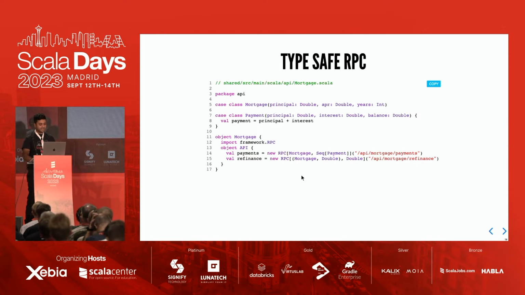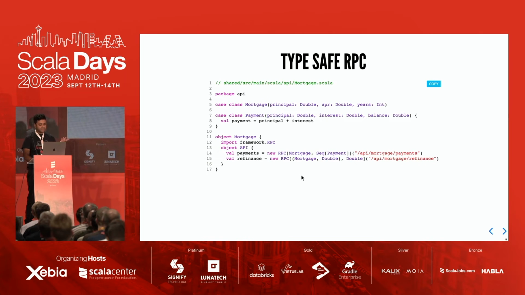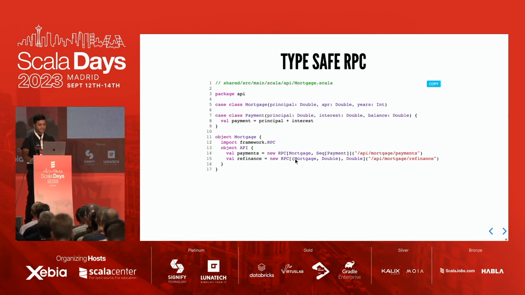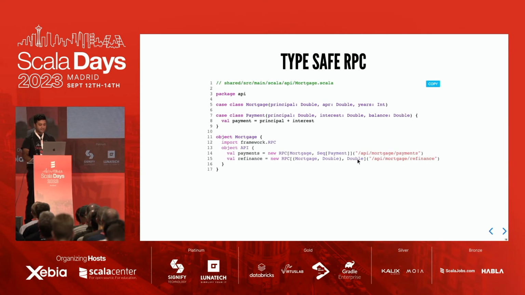Instead of def monthlyPayments, I create a val payments, and I declare a new RPC, which takes the input, which is the mortgage, and the output, which is a sequence of payments. For the second API, my input was a mortgage and a double, and that's what this is. And I said this lives at this route.